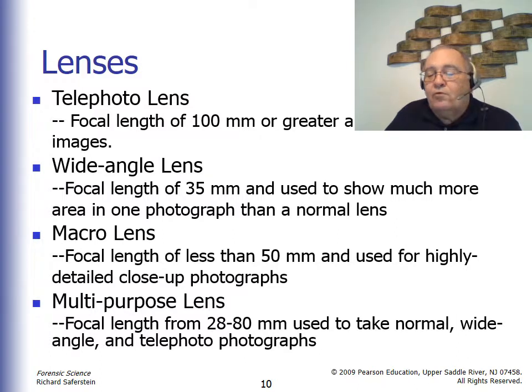Then you have multi-purpose lenses, and those would be your lenses that can be zoomed in and out. That's what our 55 millimeter zoom lens is used for, because we can zoom it from 55 to, I believe, 85 millimeters.